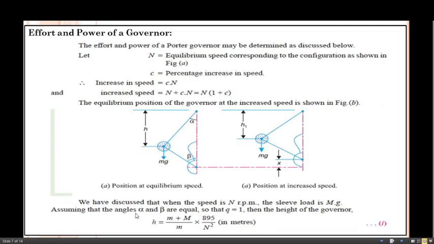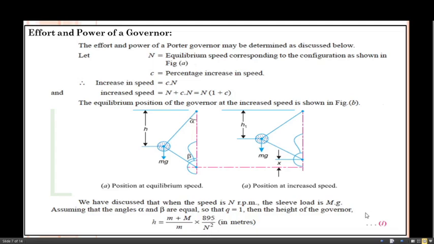Assuming that the angles alpha and beta are equal, so that q equals 1, the height of the governor can be obtained this way: h equals small m plus capital M divided by small m into 895 divided by N square.